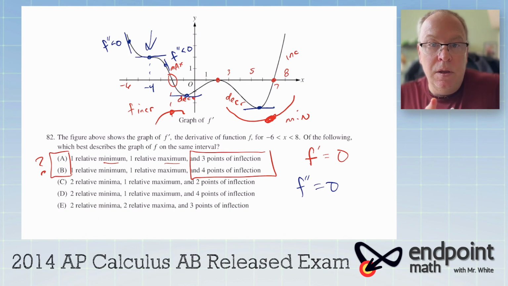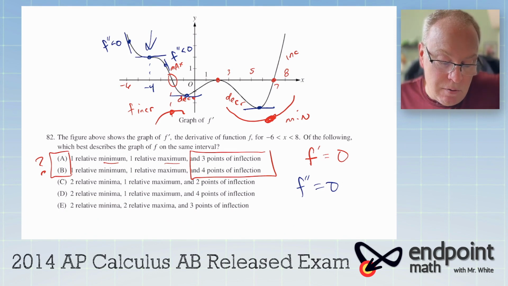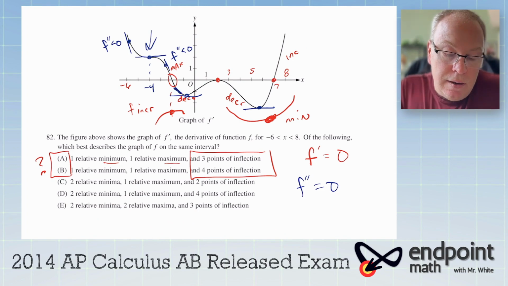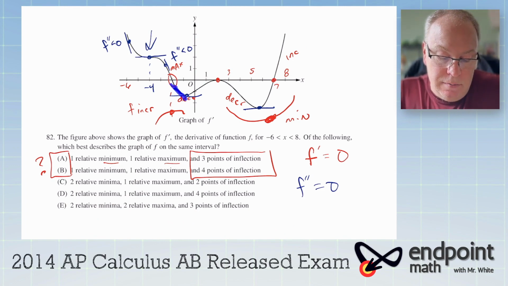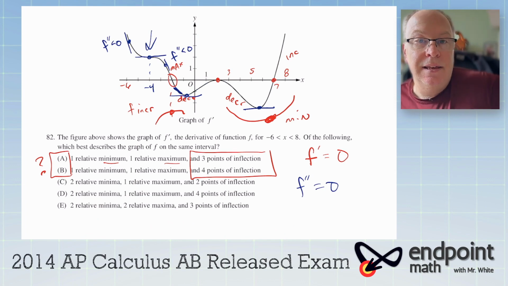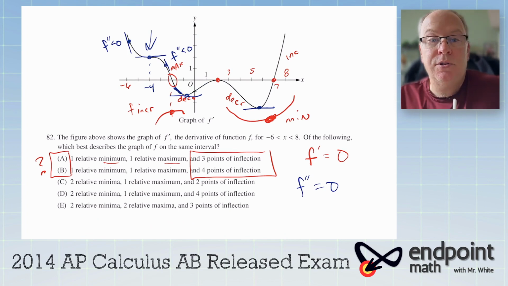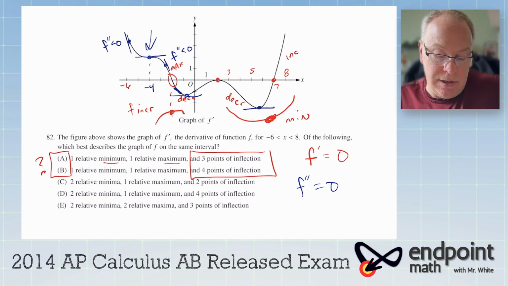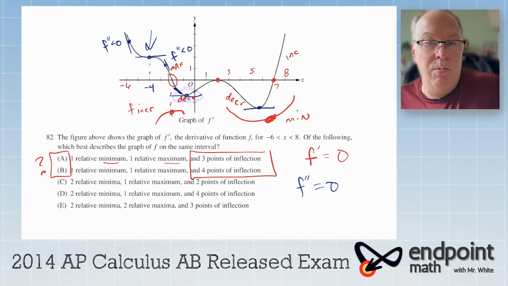Because the slopes are still negative, the slopes represent the second derivative because we're looking at the first derivative. All right, so let's keep going. Here let me use my highlighter a little bit more exaggerated. Right here, we have a negative slope and we do change to a positive slope. So all of a sudden, the second derivative has crossed through the x-axis. It's now positive. So that would be an inflection point right there.